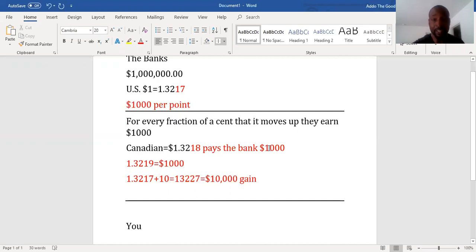Then the banks are getting $1,000 per point. That's 10 points, which is a $10,000 gain. Easily. Now it can move up these tenths of a cent within minutes.